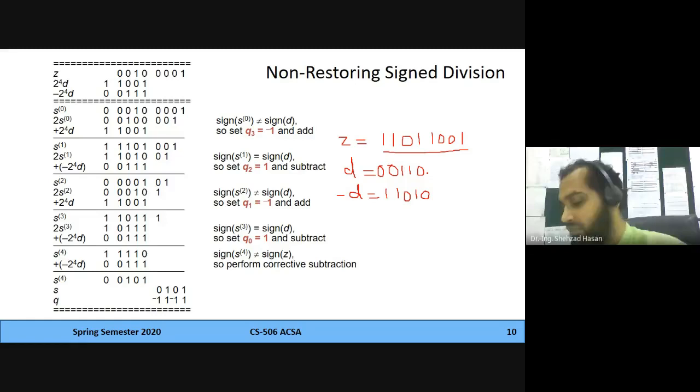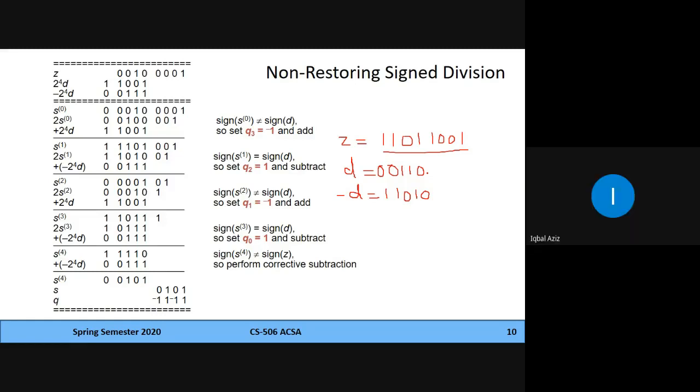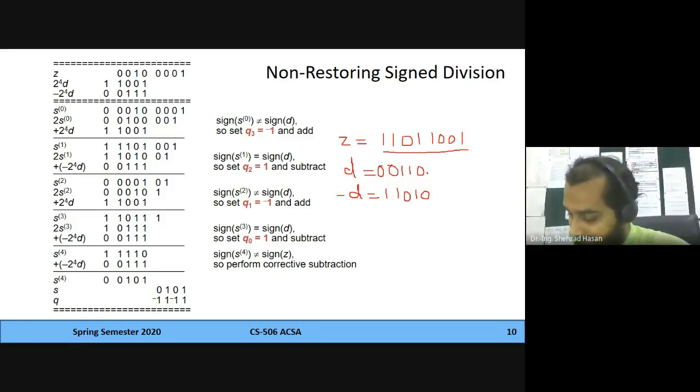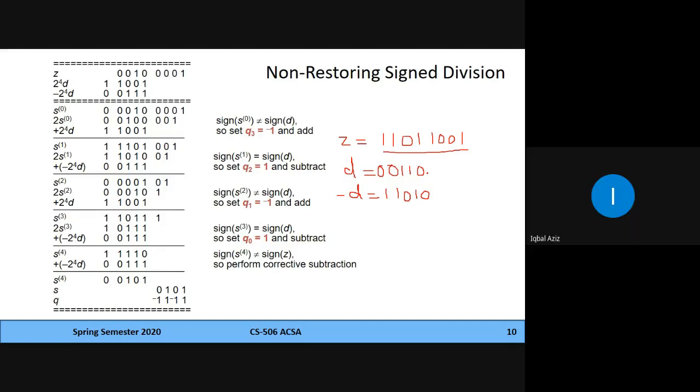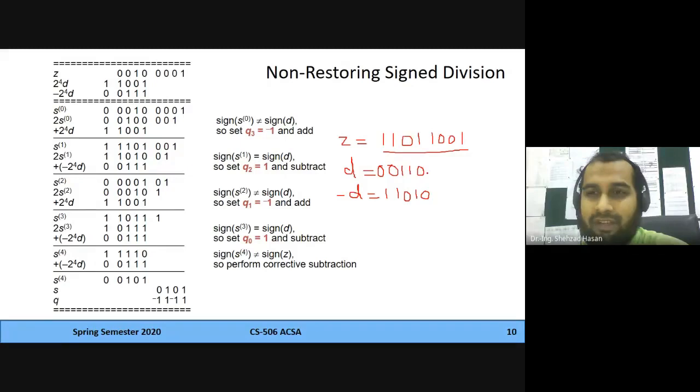Sir, yes, hello. Sir, this correction. Sir, correction step was... You can just write on the chat because your connection is breaking.